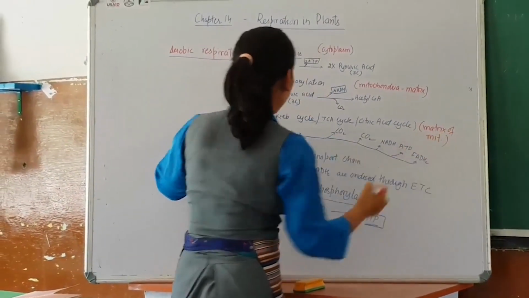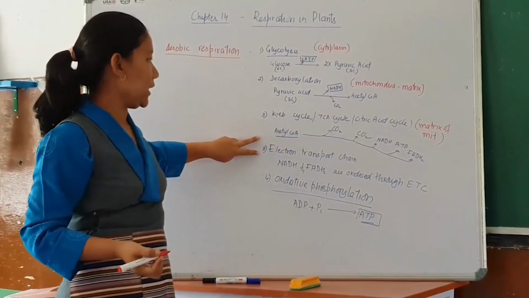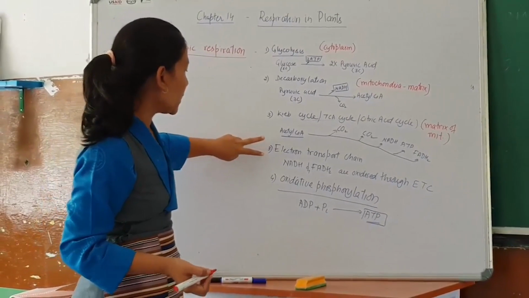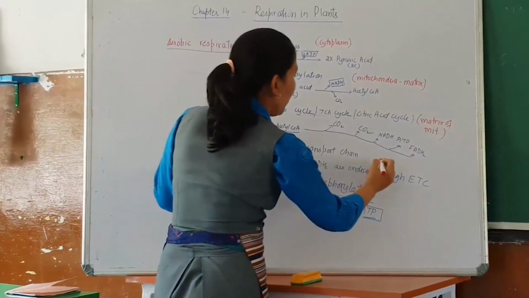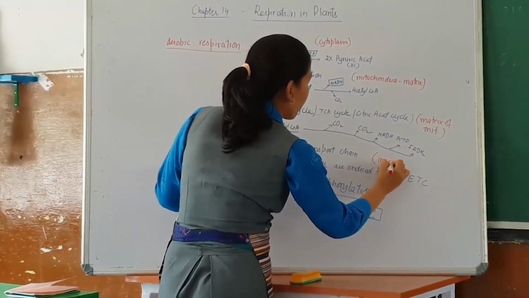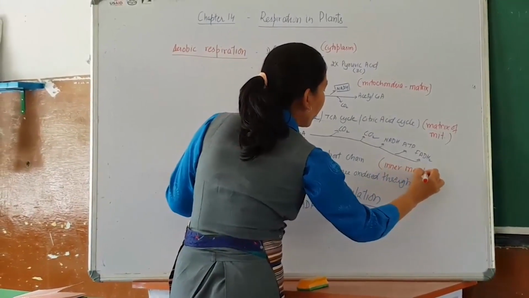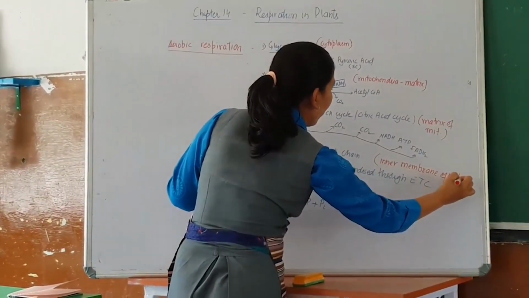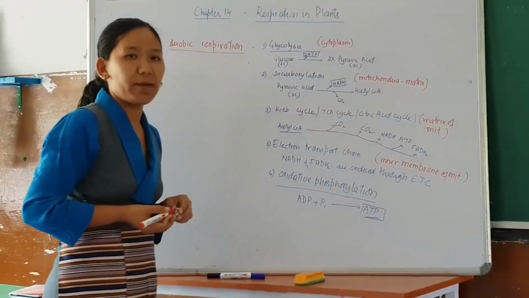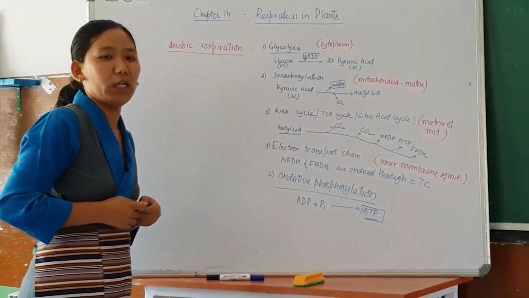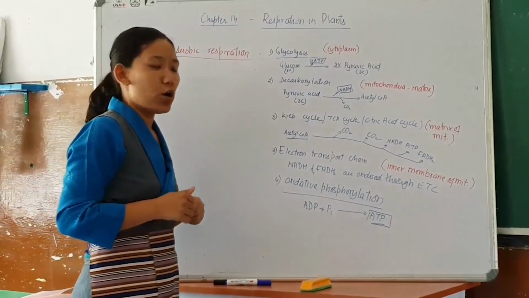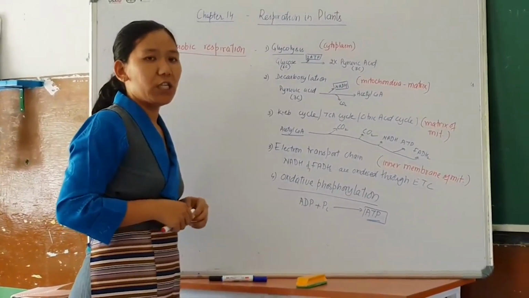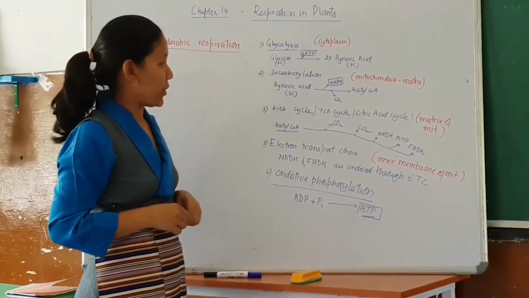Okay, and then the Krebs cycle also takes place in the matrix of mitochondria. Now next, ETC, electron transport chain. It occurs in the inner membrane of mitochondria. We know that mitochondria has two layers. It is a two-layered or two membranous layer structure, that is outer membrane and inner membrane.